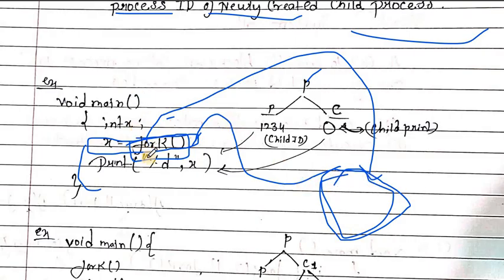The child process also executes the code from here. In the child process, fork returns 0, so x becomes 0 and it prints 0.